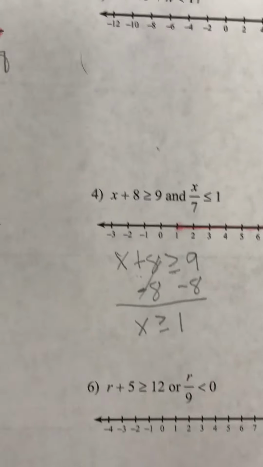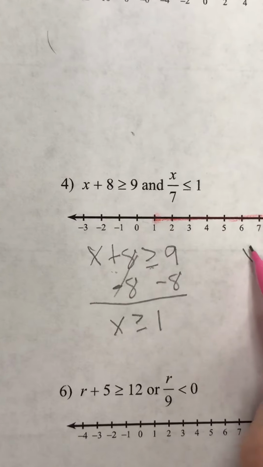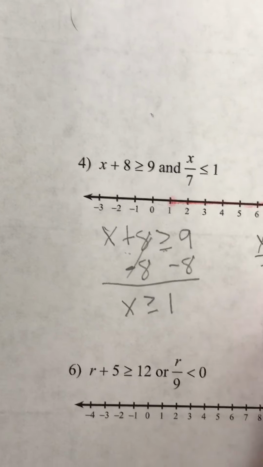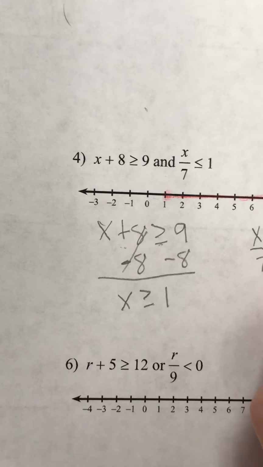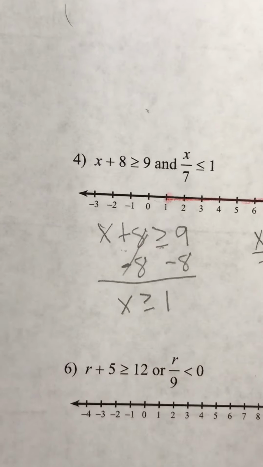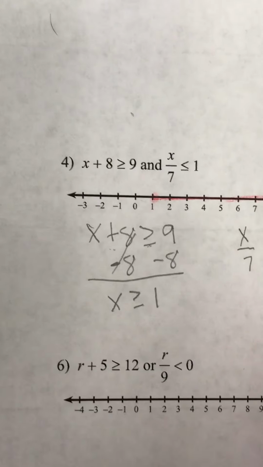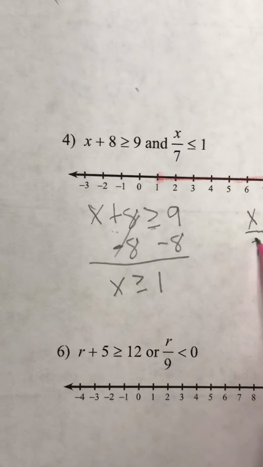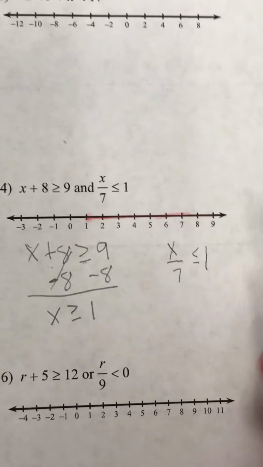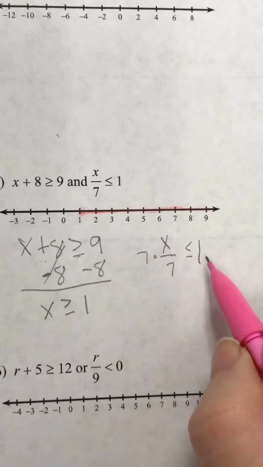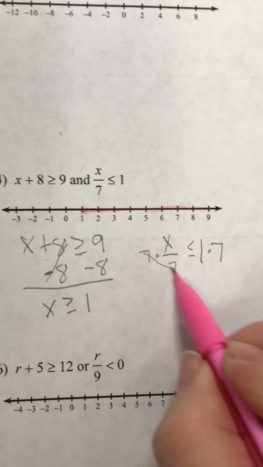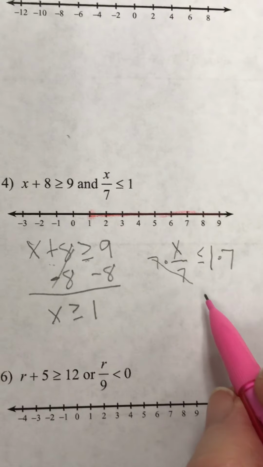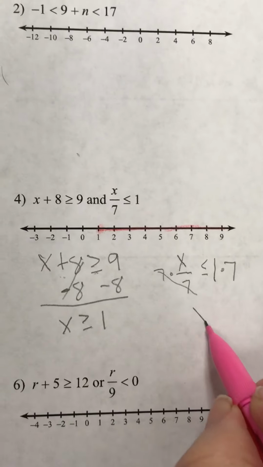Okay, but now let's look at this other side. x is also divided by 7, and it's less than or equal to 1. So now that says let's multiply by 7 because it says divide. So we're going to do times 7 on both sides. These will cancel because that's 7 divided by 7, which is just 1.